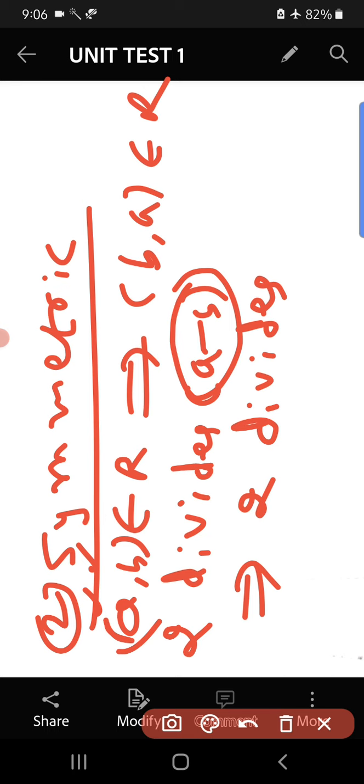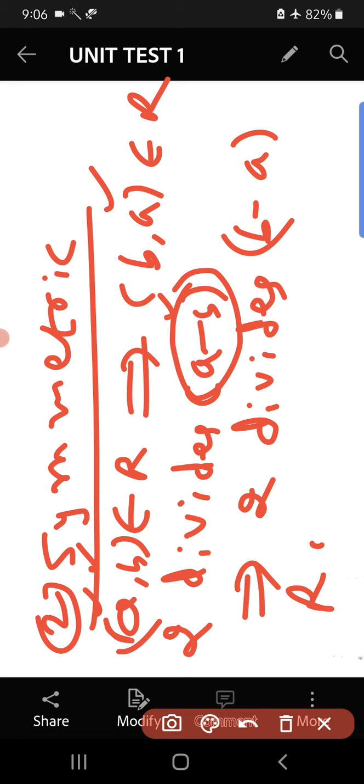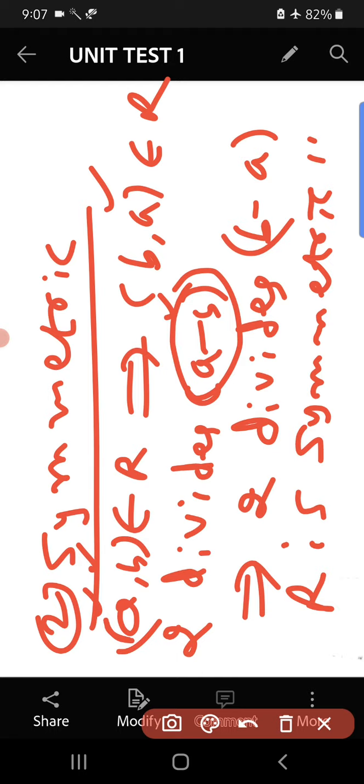Then BA belongs to R means, obviously, 2 divides B minus A. So if 2 divides the difference A minus B, that implies obviously 2 divides B minus A. So it holds good. Therefore we can write R is symmetric.